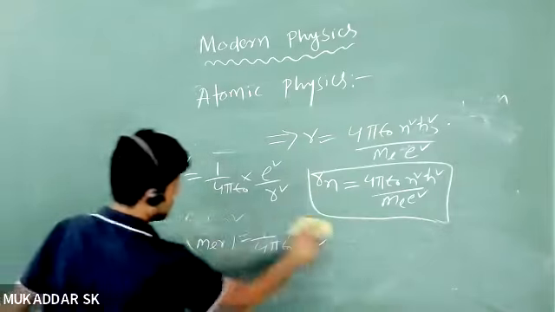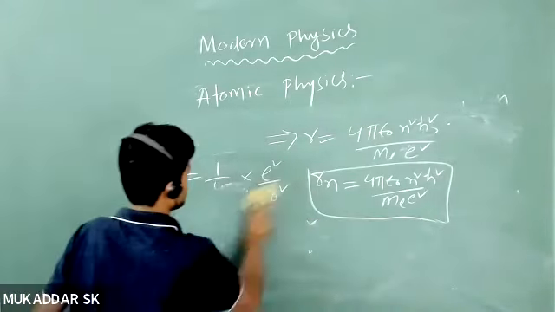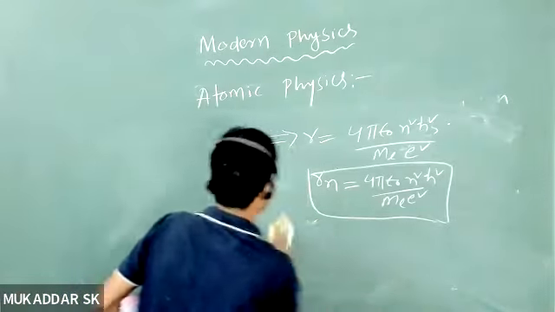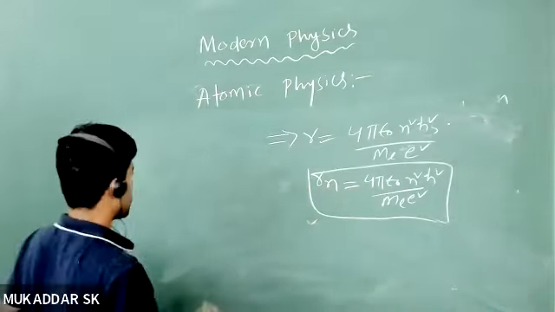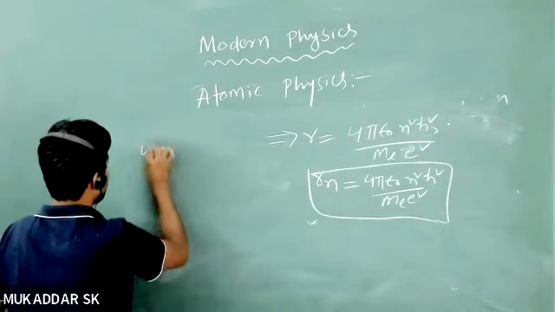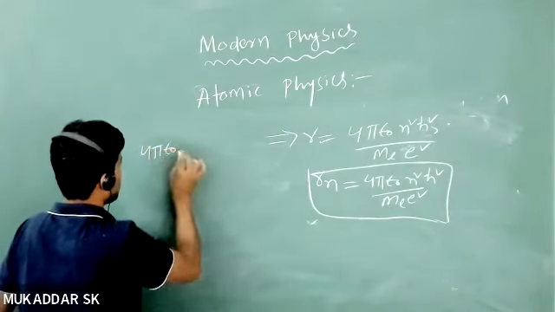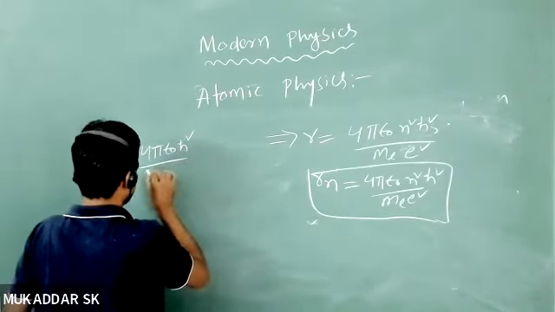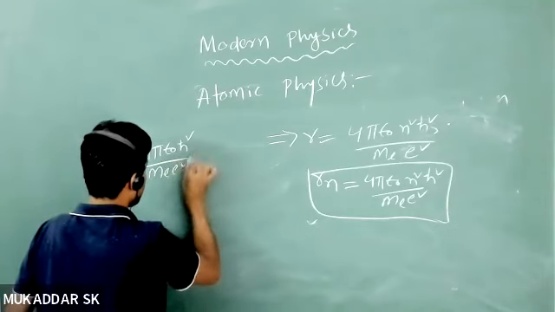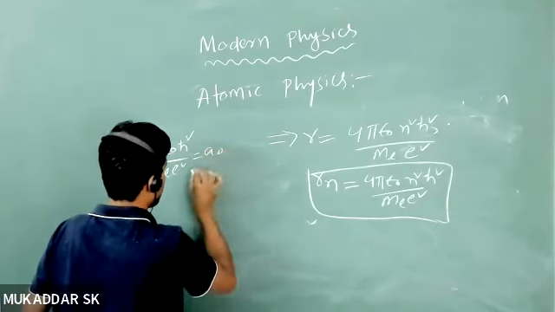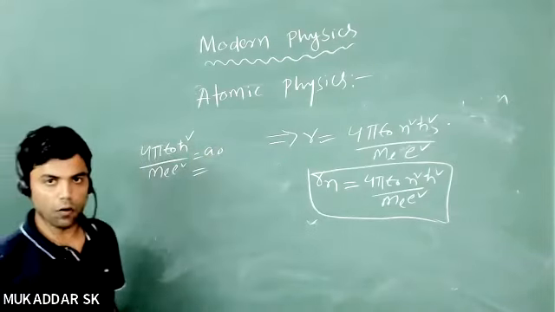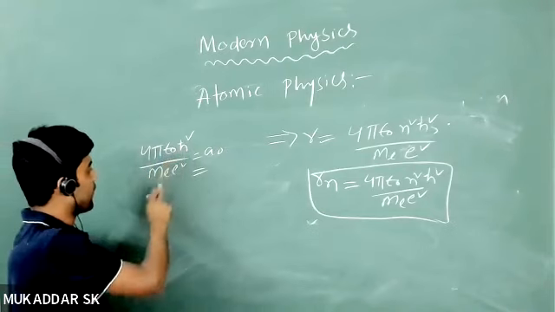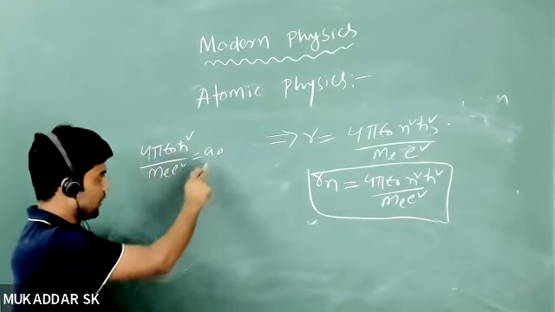Now, that value 4 pi epsilon naught h cut square divided by m_e e square is equal to a naught.